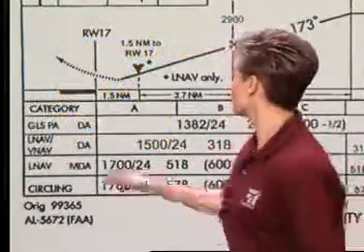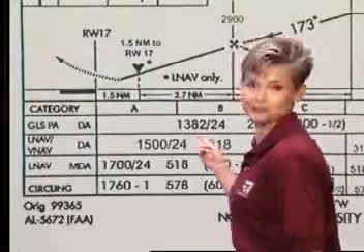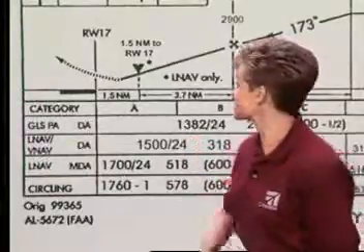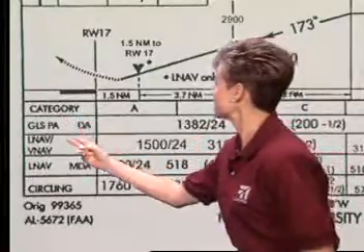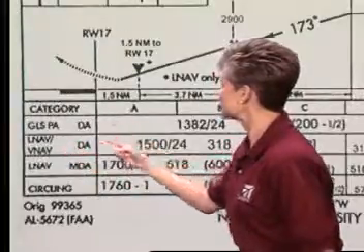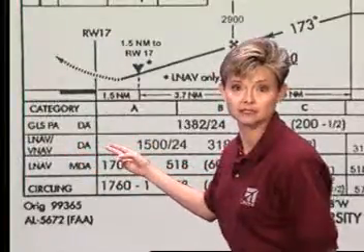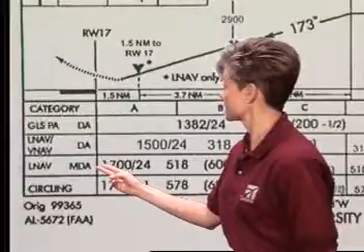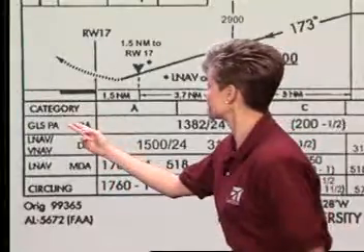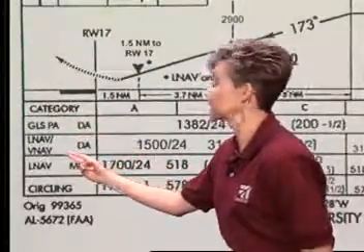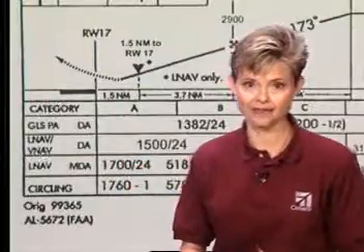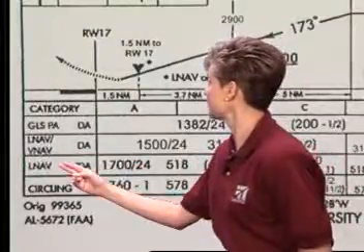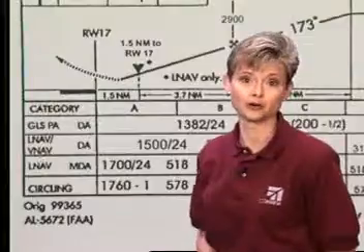In this case, 1,382 feet. Notice that the GLS PA and LNAV/VNAV are labeled DA for Decision Altitude rather than MDA. That's because with the GLS PA and LNAV/VNAV, you are following a glide path, whereas with the LNAV, you are making your descent on your own.